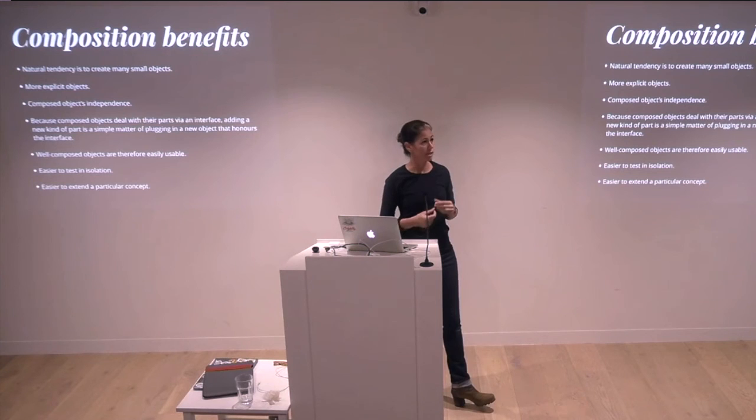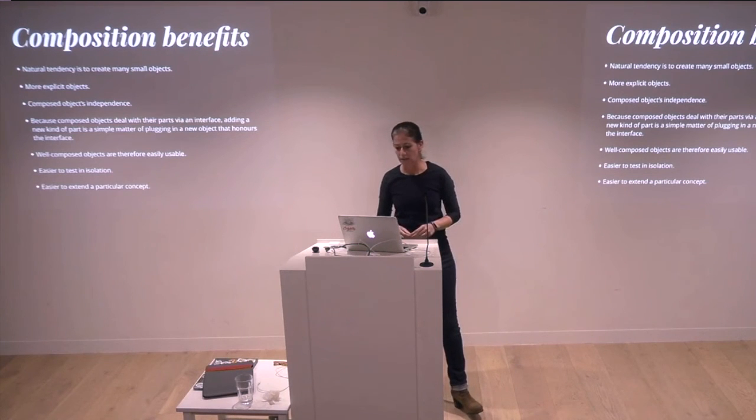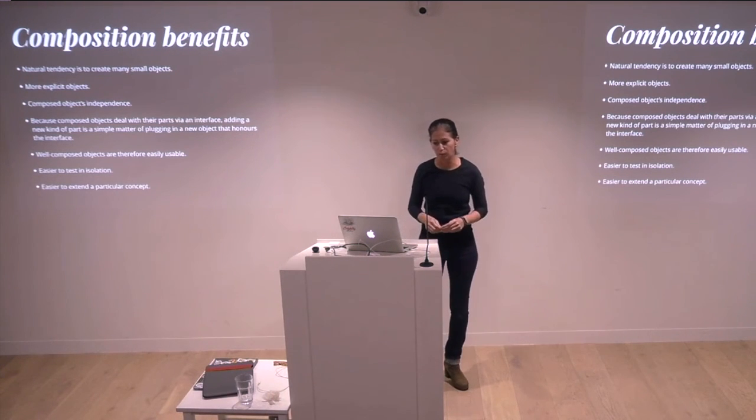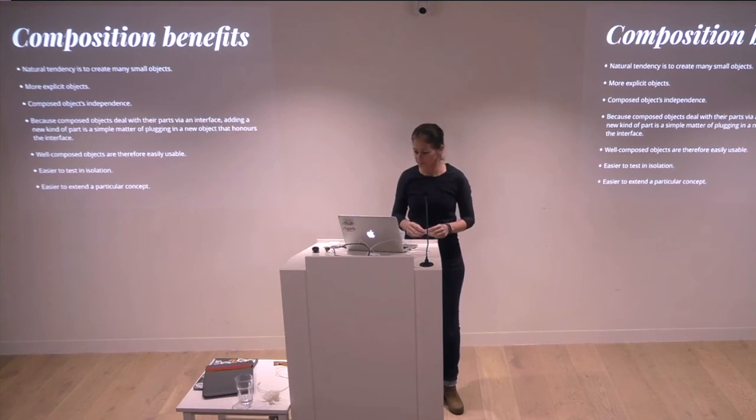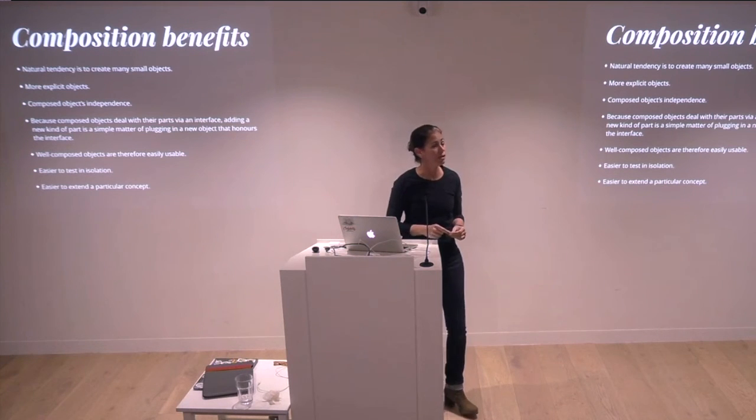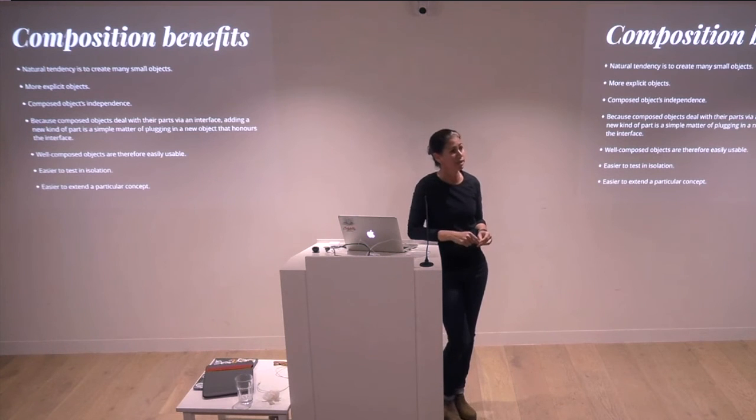So you have more explicit objects where you can see what goes on, instead of looking at what happens in the superclass. Because composed objects deal with their parts via an interface, adding a new kind of part is a simple matter of plugging in a new object that honors the same interface.